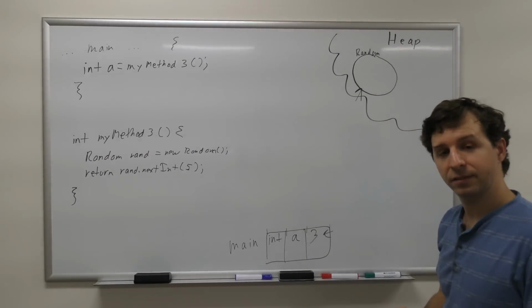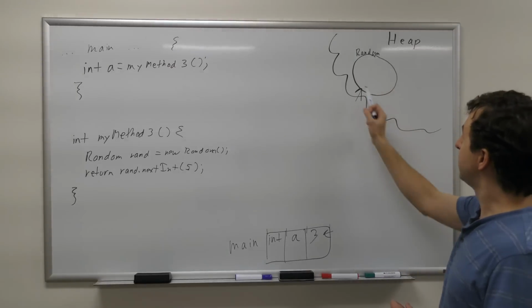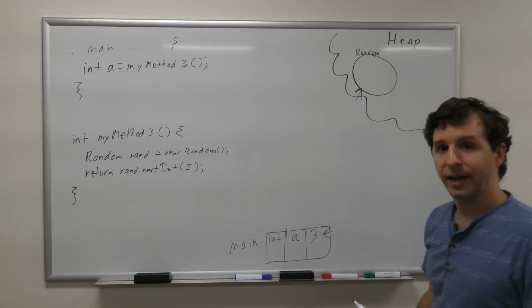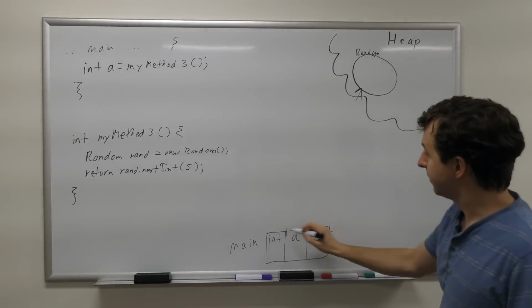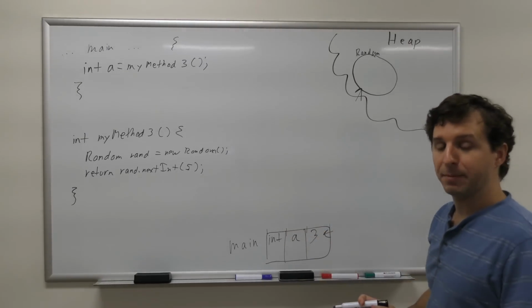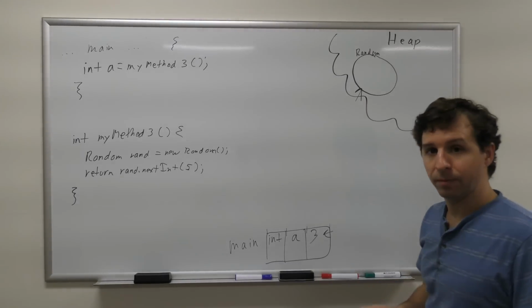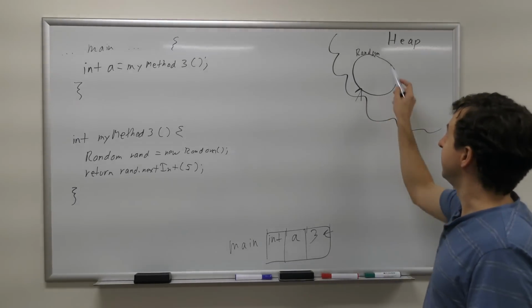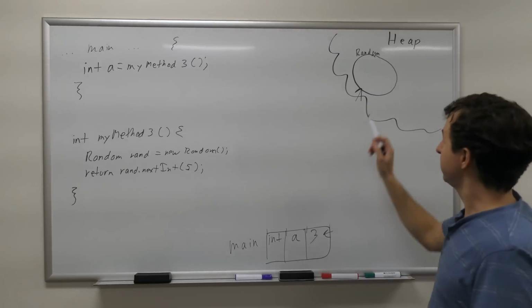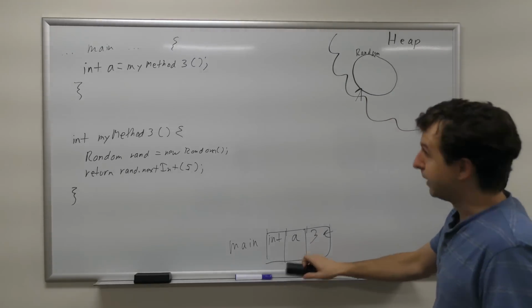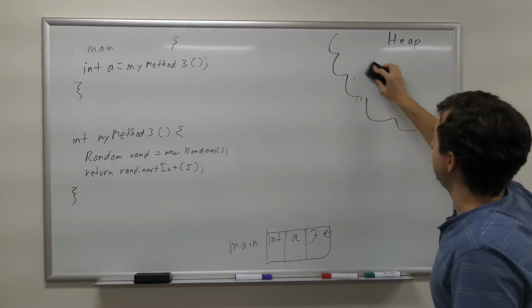Well, in a sense. This Random object here, which was not in the stack, was not impacted by the stack pop. It still exists, but it is inaccessible. If you remember, this is what we call garbage. Eventually the garbage collector will come along sometime later and remove it from the heap.